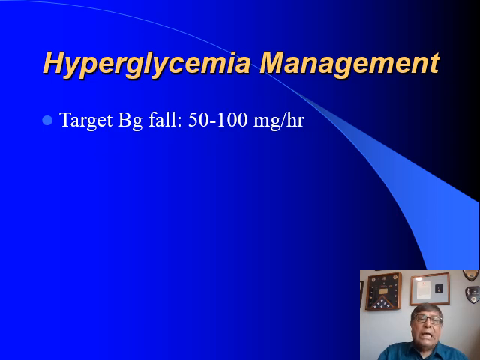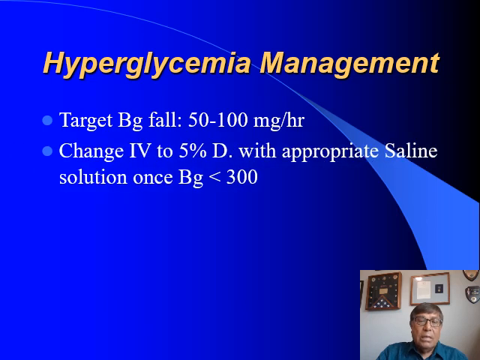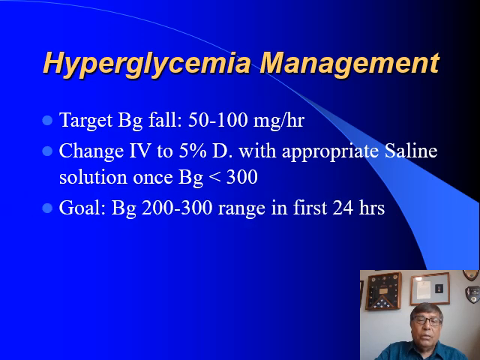But this is the ideal, 50 to 100 milligram per hour. And as I mentioned before, change the IV fluid to dextrose with appropriate saline when the blood sugar is 300 or lower.